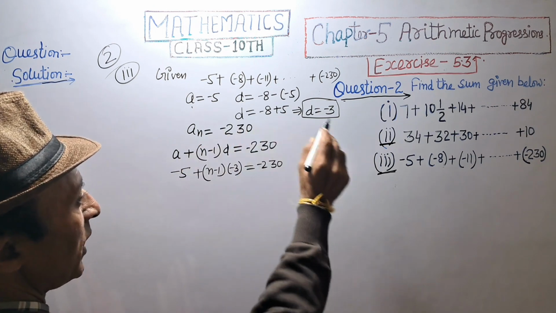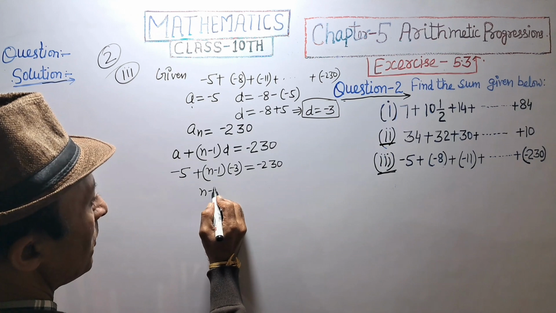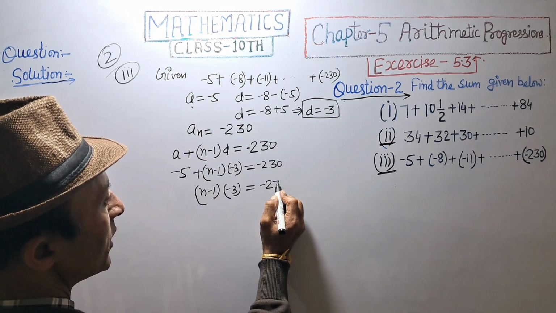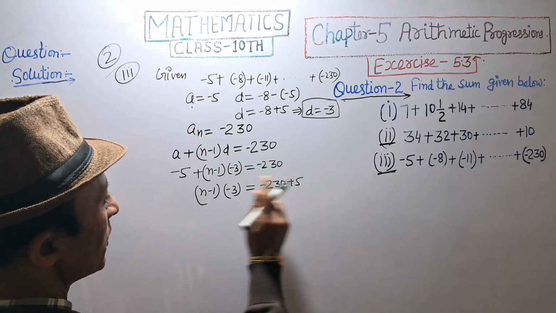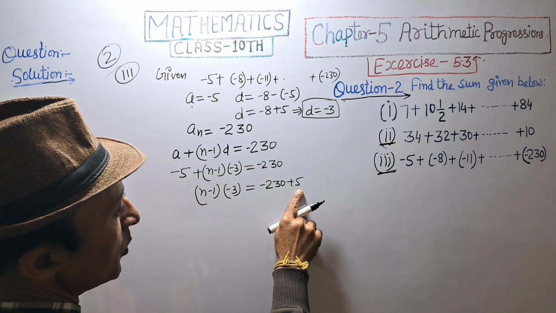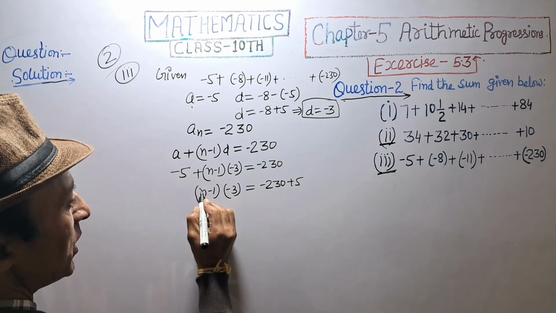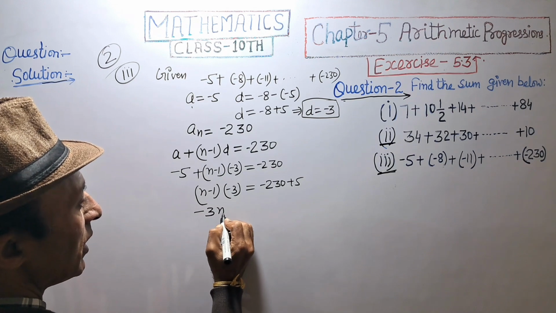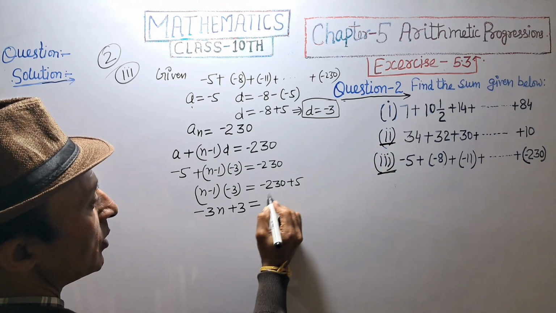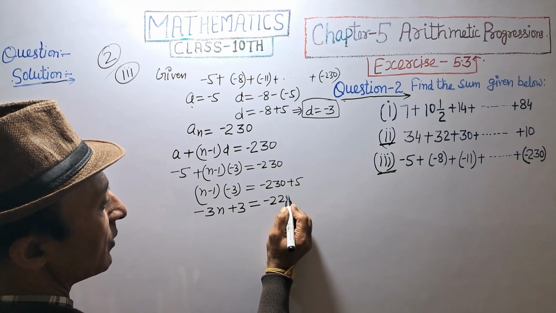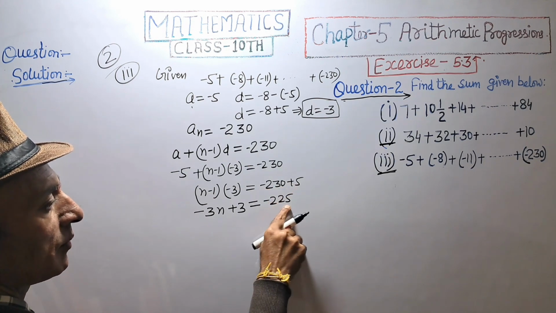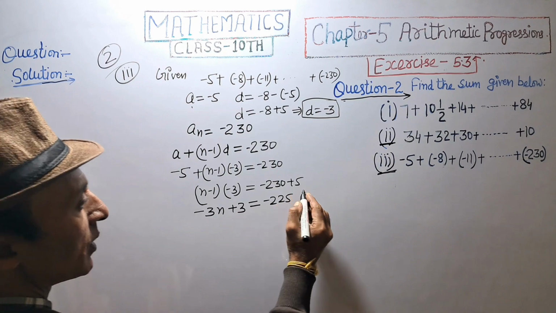Shifting minus 5 to right side, n minus 1 into minus 3 is equal to minus 230 plus 5. This negative value becomes positive. 3 multiplied by n is 3n, 3 multiplied by minus 1, that is positive 3, is equal to minus 225. When we subtract 230 minus 5, then minus 225.